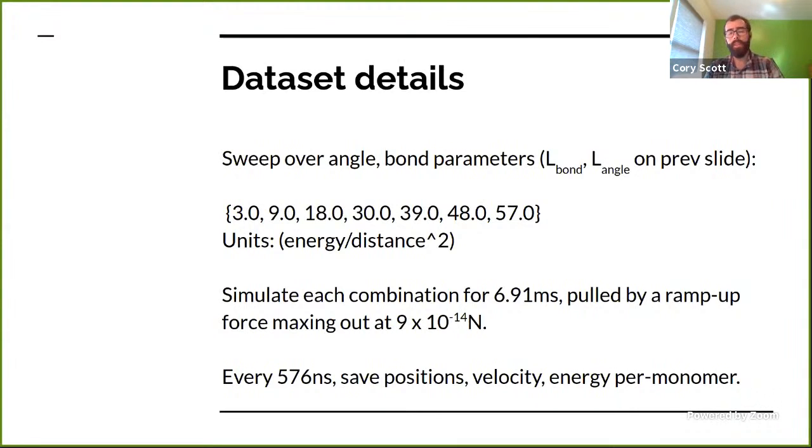And every so often, we're going to save all of the positions of every monomer, the velocity of every monomer, and the energy that all of those rules we defined predicts for every monomer. So for every time step, for every combination of parameters, we're getting a position for each monomer and a velocity for each monomer, and then our output is going to be the energy per monomer.